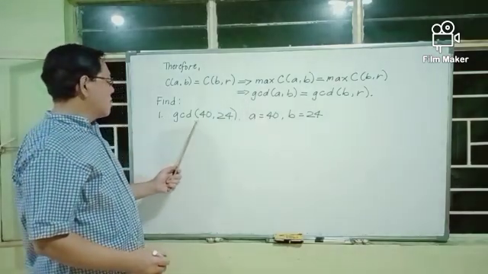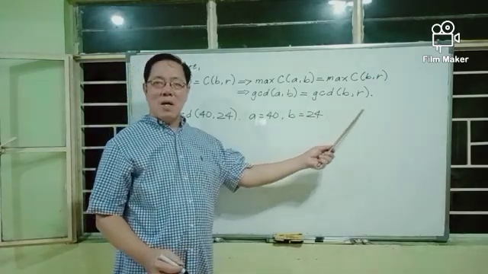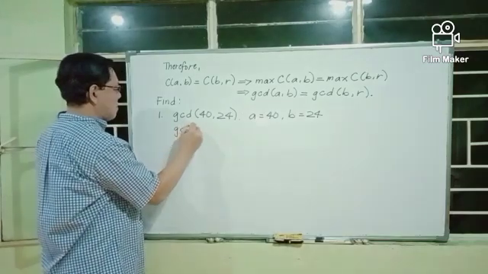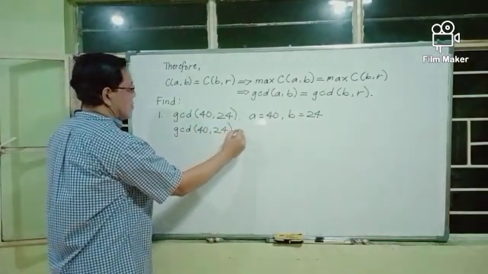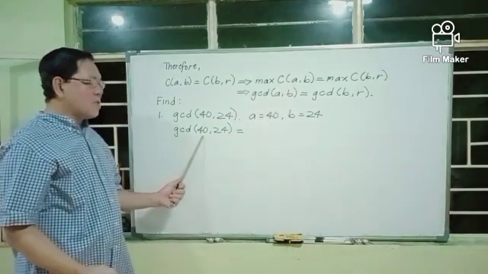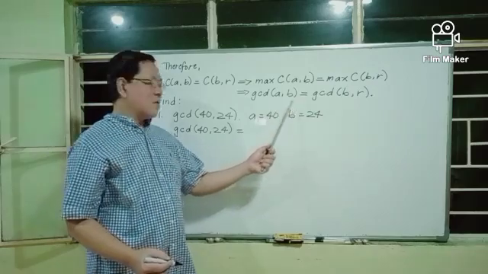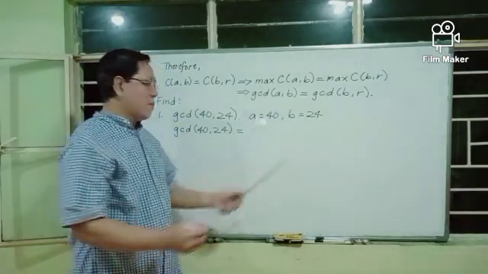The greatest common divisor of A, B is equal to the greatest common divisor of B, R. The greatest common divisor of 40 and 24, by this result, is equal to the greatest common divisor of B, B is 24.